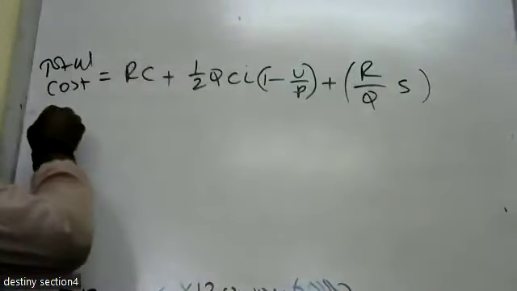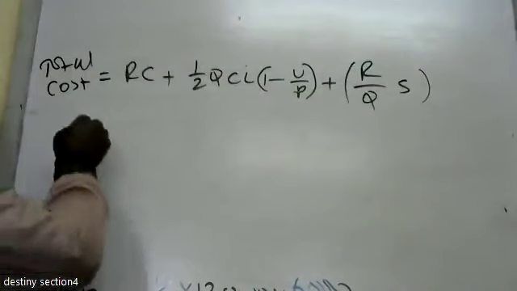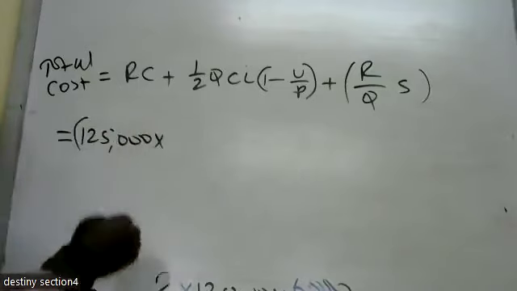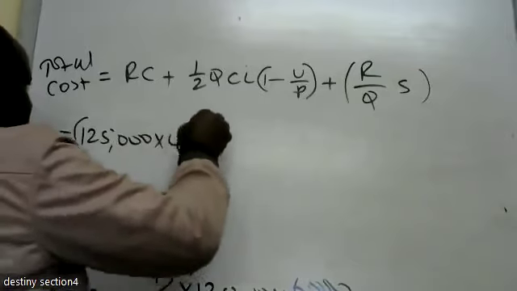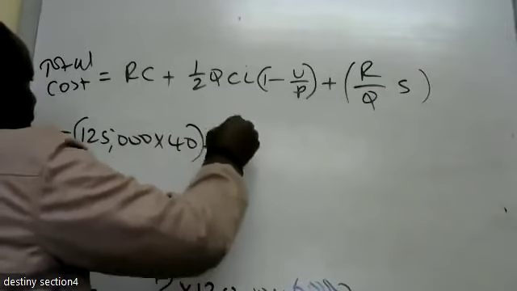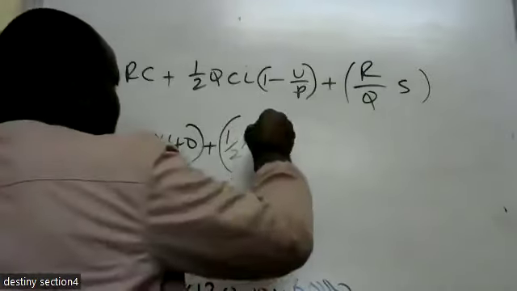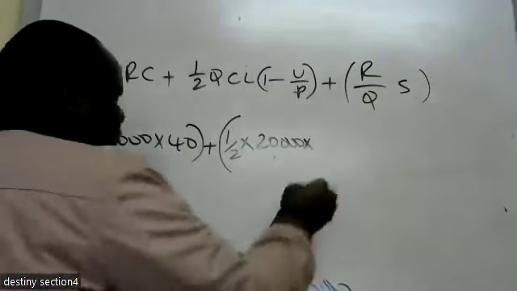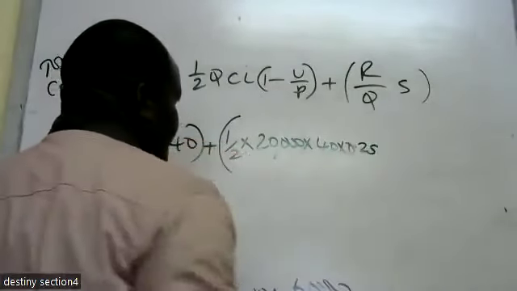R is the annual demand, which is 125,000. C is 14. The economic batch quantity is our Q, which we have said is 20,000. Then C is 14, also multiplied by 0.25.